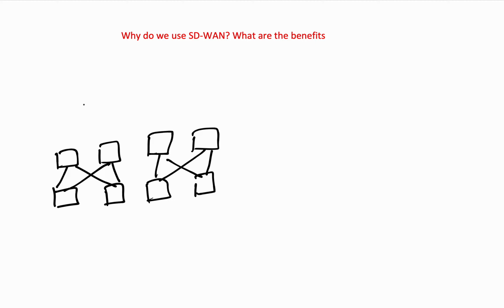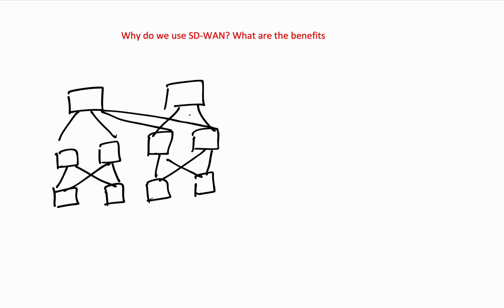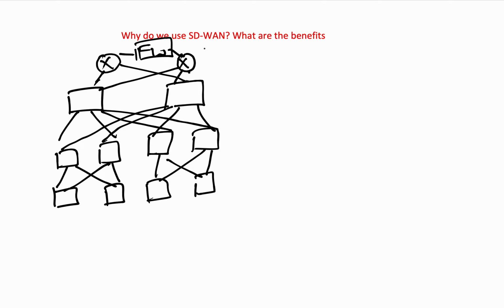Then you would have your distribution switches, with similar connections here. Then from your distribution switches, probably you would be connected to a router, and then your router would be connected to a firewall. Correct. This was your usual setup.